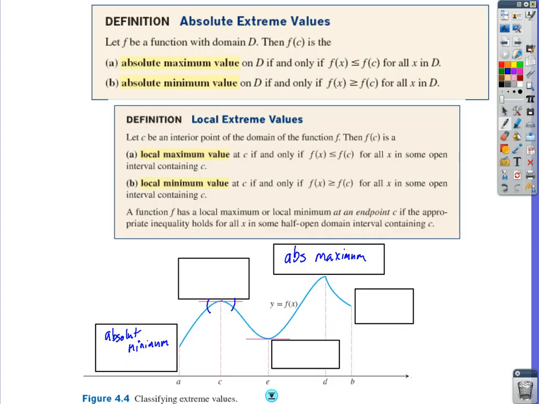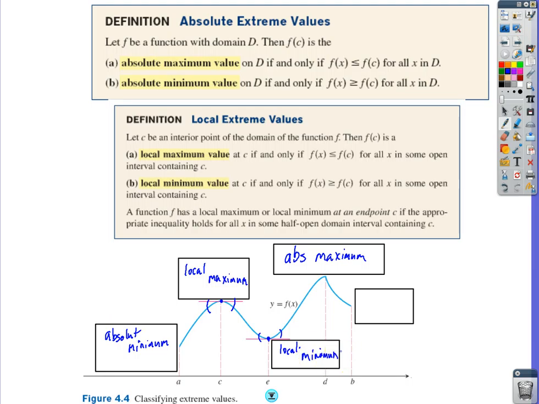I say, hey, at this point right here, is it a high point or a low point? And it's a high point. So that is a local maximum. It means the places around it is as high as it gets. Okay. Likewise, if I look here at this point right here and I look in the neighborhood around it, it is a low point or a local minimum.